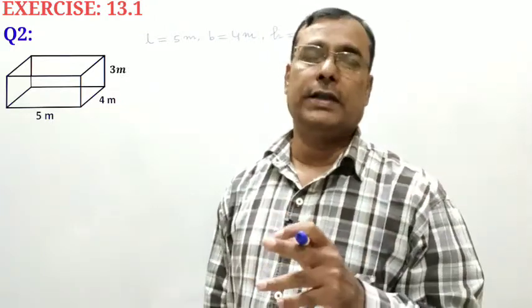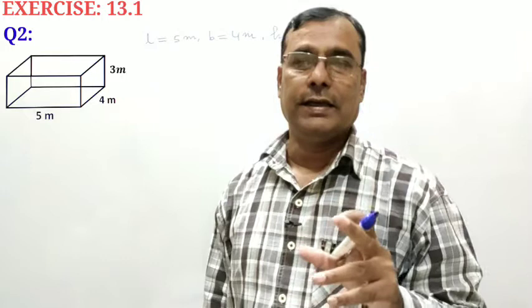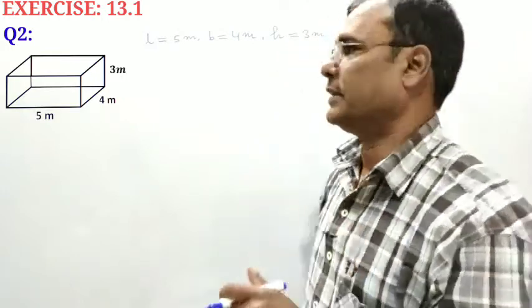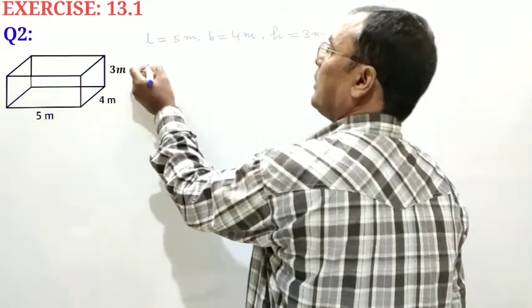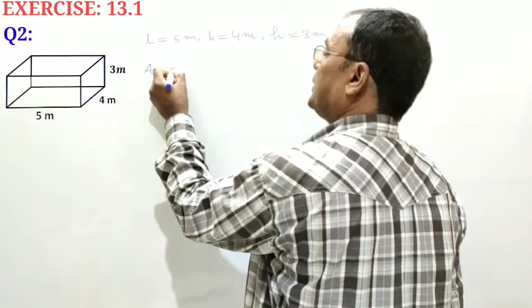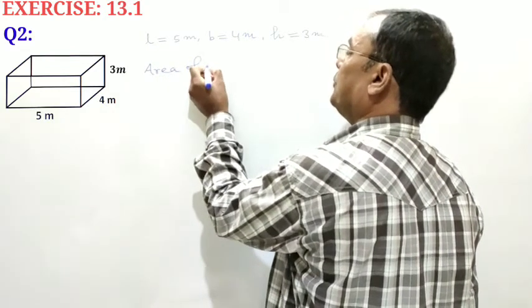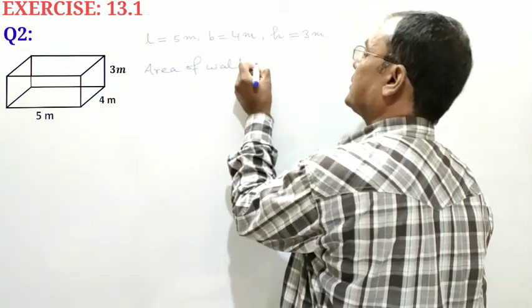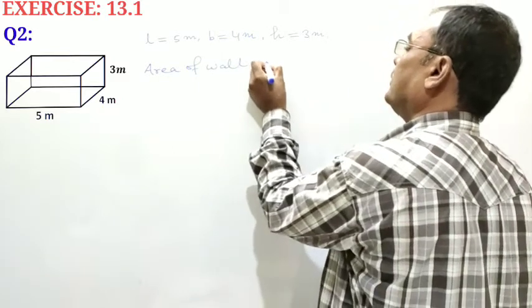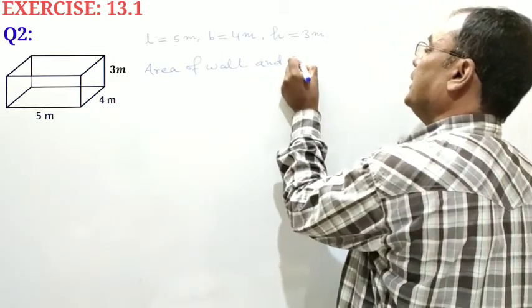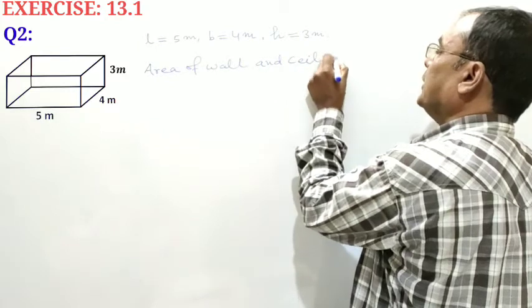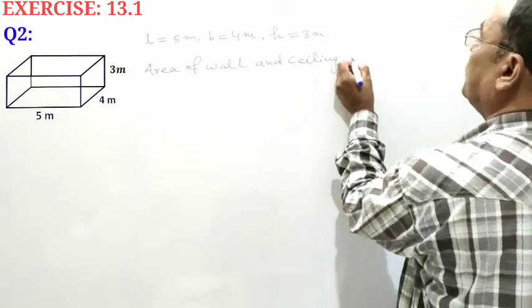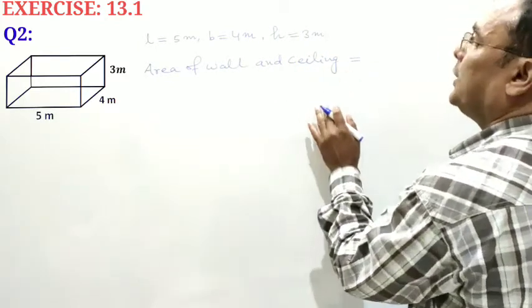So let us calculate first area of 4 walls and ceiling, that is area to be whitewashed, or we can write area of walls and ceiling together we are finding out, and this area will be whitewashed.